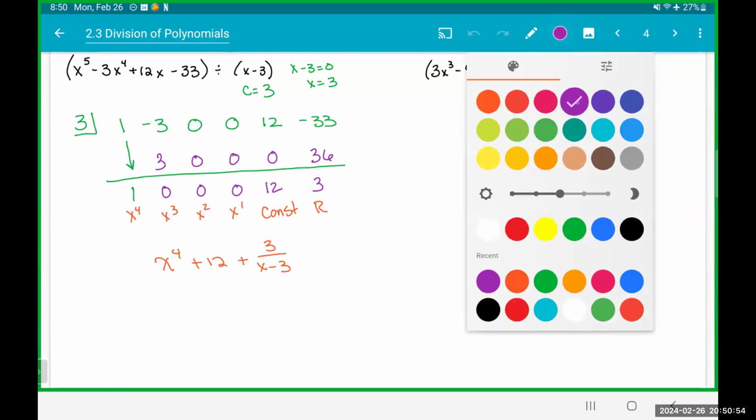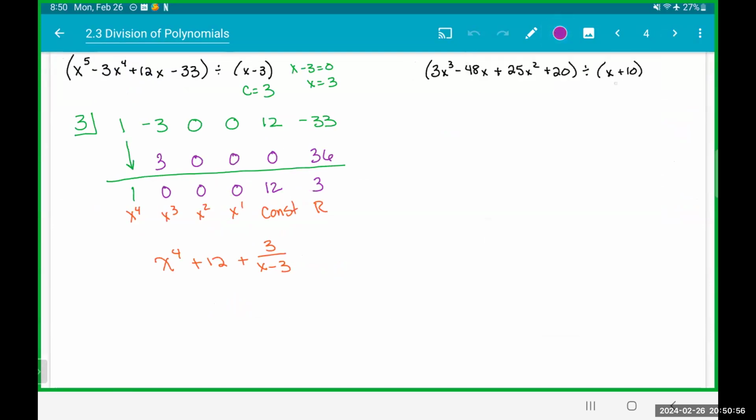All right, let's look at another example of synthetic division. Remember, our form is x minus c, so this is x minus negative 10. So my c in this case is negative 10, and that is what we're putting in that box. Notice that these are out of order, because I go x cubed, x to the 1, x squared.